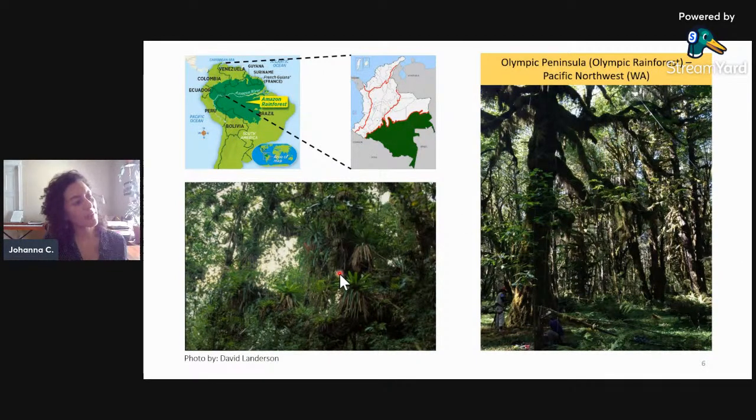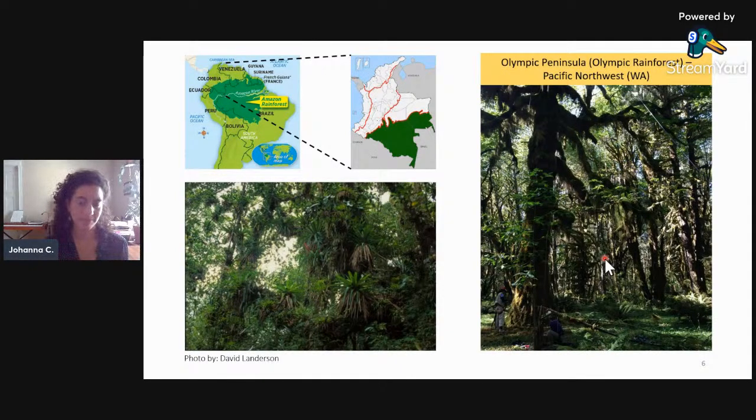In the tropical rainforest, bromeliads and orchids are more predominant. In the case of the temperate rainforest, mosses and ferns are more predominant, and they cover the trunk and the branches. Eventually they accumulate, as I told you at the beginning.